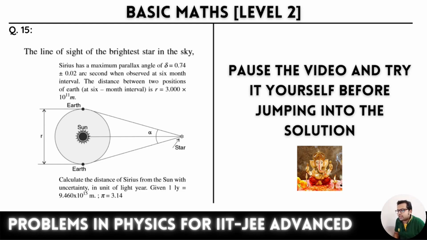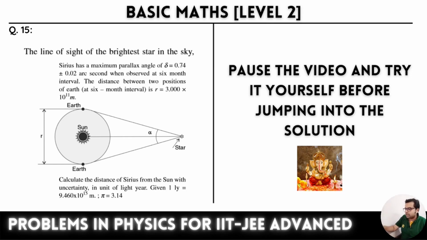So let's try to decode the question because the question is a bit tricky. So see, from the question we can see that Earth is revolving around the Sun. So definitely at the interval of 6 months, Earth will be at two extreme positions, as you can very easily see from the figure.